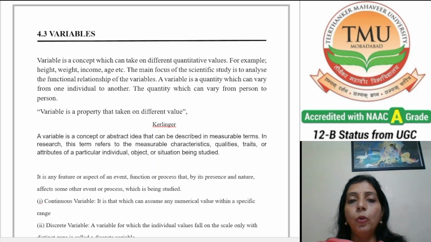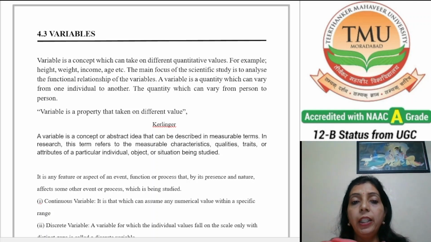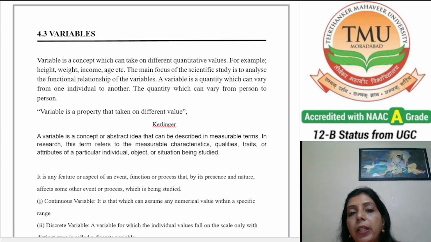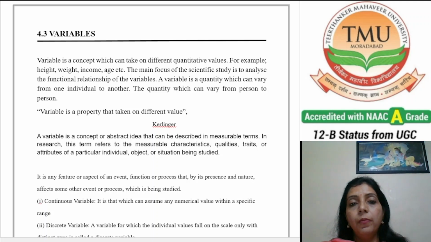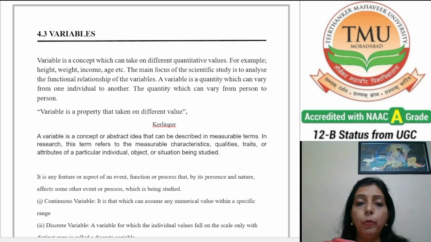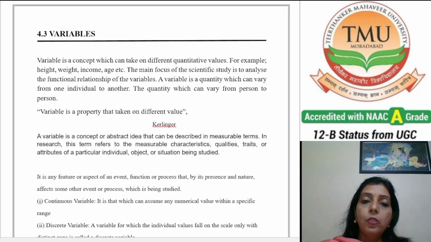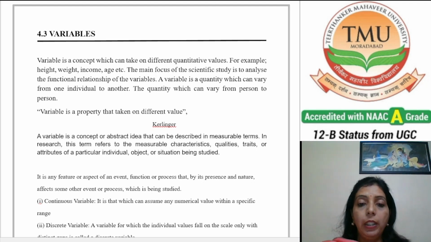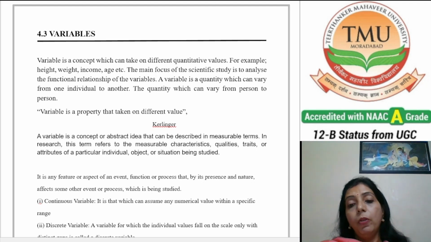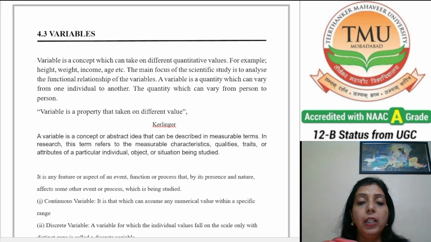Anything that will vary, anything that can take on different quantitative values. So qualitative phenomena or attributes are also quantified on the basis of the presence or absence of the concerning attributes. Age is an example of a continuous variable, but the number of male and female respondents is an example of a discrete variable.